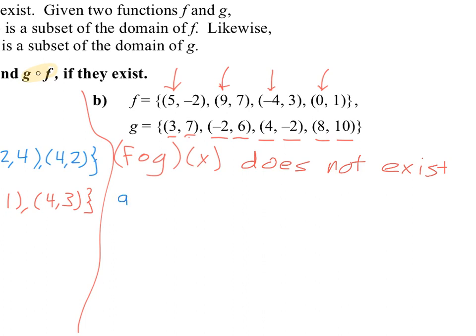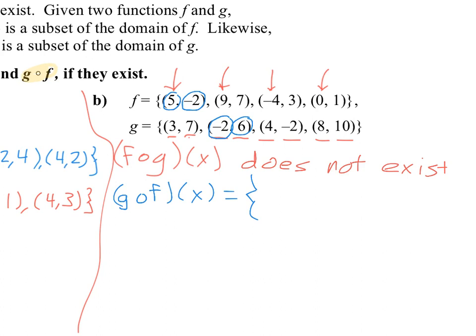Okay, so f composed g of x does not exist. So now let's find g compose f of x. For g compose f, we start with the coordinates in f. Start with 5, -2. This -2 takes us to the other -2, which takes us to 6.